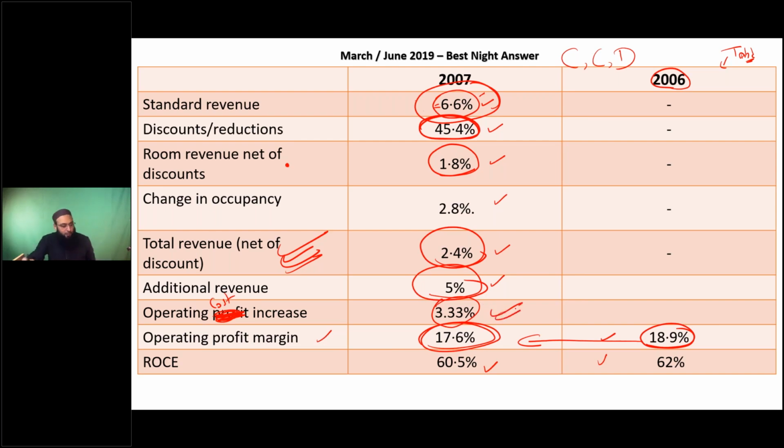Okay. Now, the best way to figure out the reason is what? Compare the cost increase with the revenue increase. Your revenue increased by 2.4% and your cost increased by 3.3%. Obviously, cost increase is more than the revenue increase. Your operating profit margin will go down.